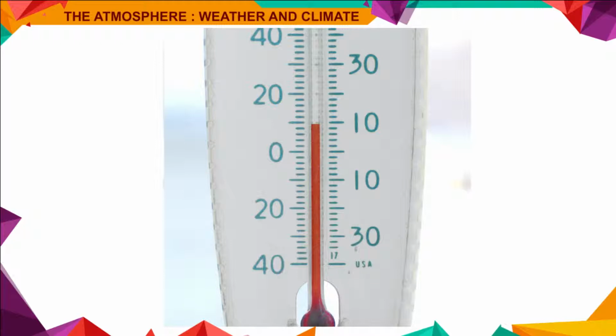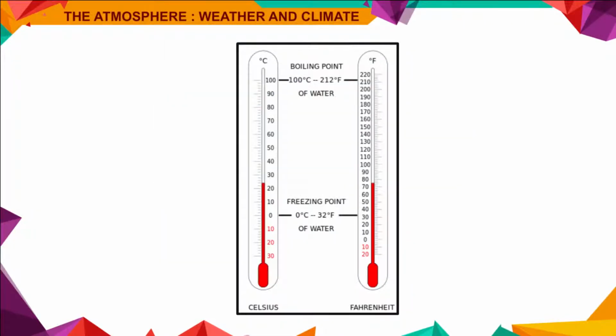We use two different scales, Fahrenheit and Celsius. On the Fahrenheit scale, the freezing point is 32 degrees Fahrenheit and the boiling point is 212 degrees Fahrenheit. On the Celsius scale, the freezing point is 0 degrees Celsius and the boiling point is 100 degrees Celsius.